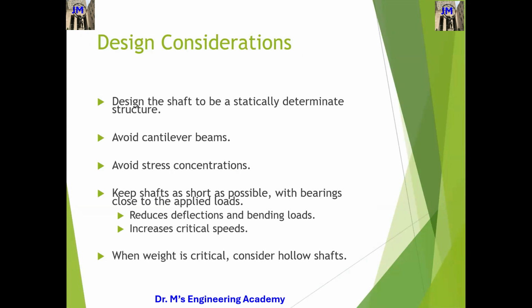Okay, so design considerations. When we design the shaft, what do we need to consider? First one, design the shaft to be a statically determinate structure. Can somebody tell me what a statically determinate structure is? Doesn't it have more variables than you can solve for in a normal problem? Say again? More variables that are definable in a problem in order to be solved.